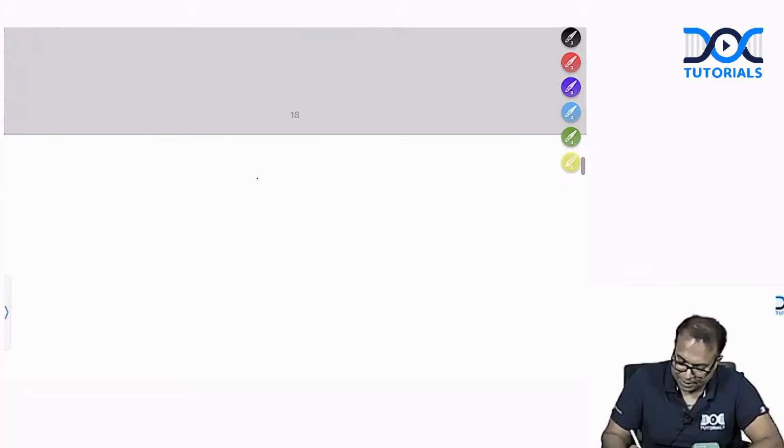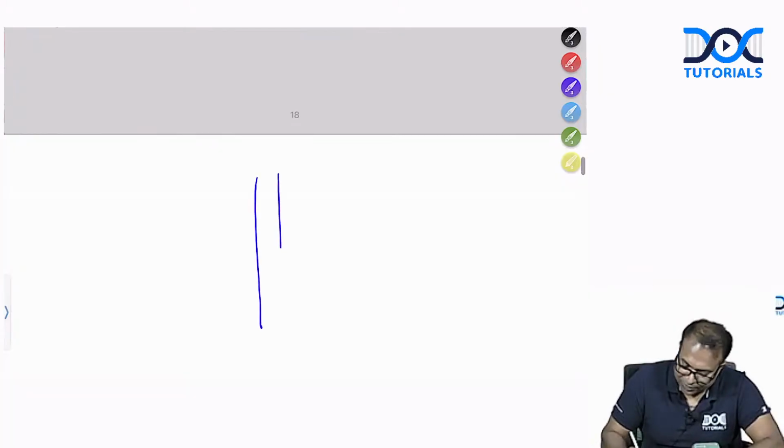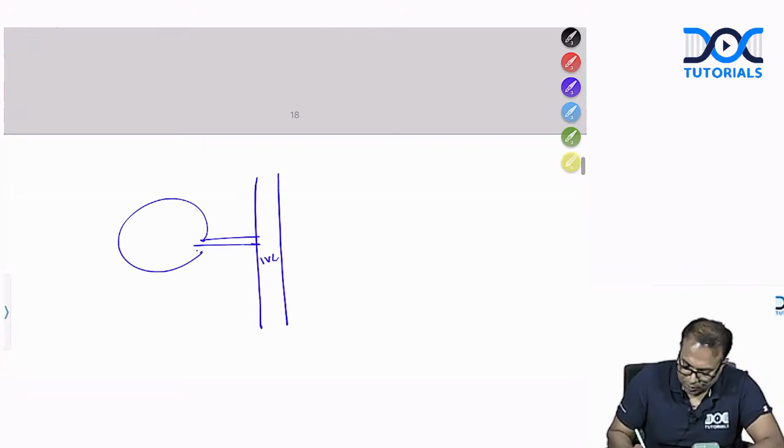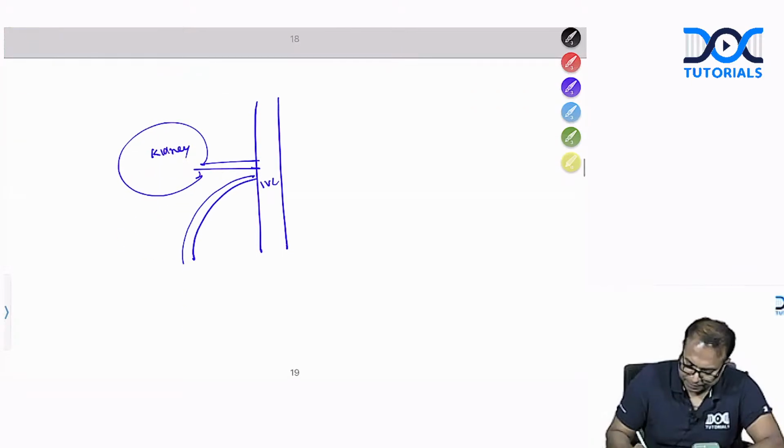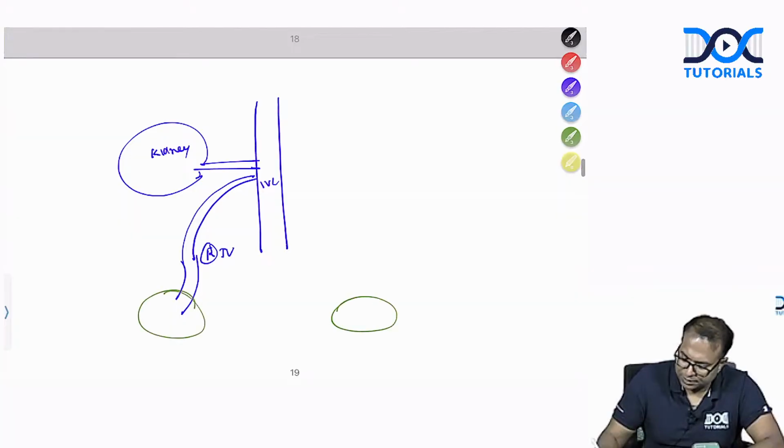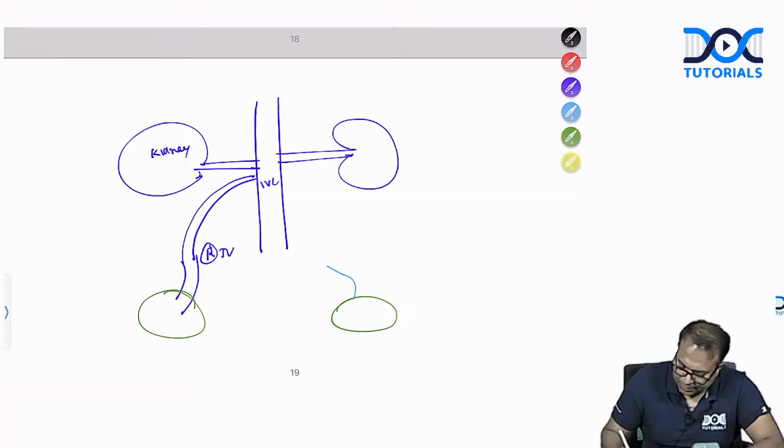To understand this, you should understand the anatomy of the testicular vein and IVC. This is the right kidney, and this is the right testicular vein. Now this is the left renal vein, and this is the left testicular vein.